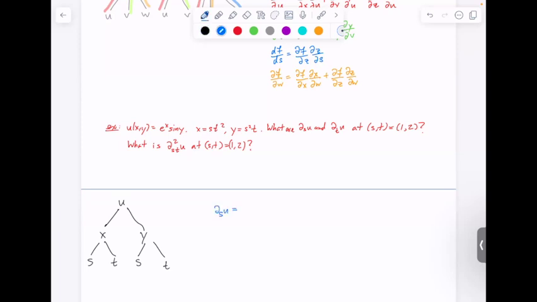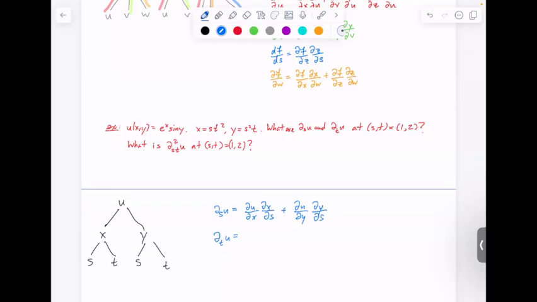So du ds, how do I evaluate this using the chain rule? So maybe in symbols first, to get to S, I need to go from U to X to S and U to Y to S. So this is partial U, partial X, partial X, partial S, plus partial U, partial Y, partial Y, partial S. All right. And maybe let's just record down what the other one is as well.